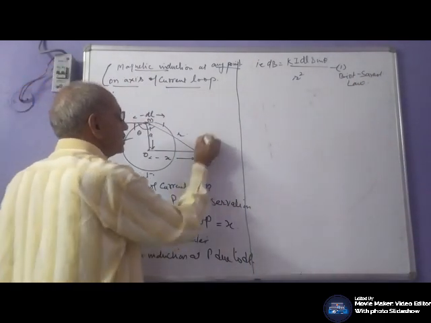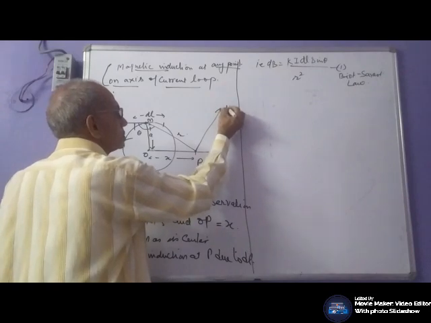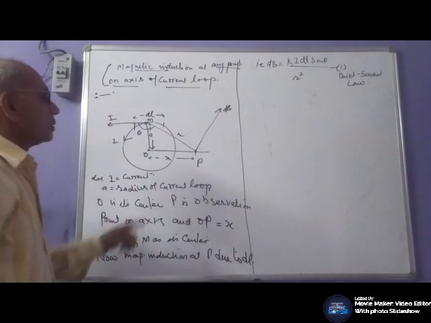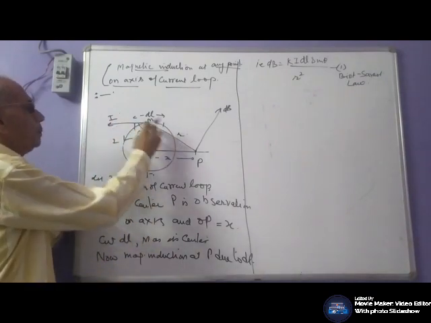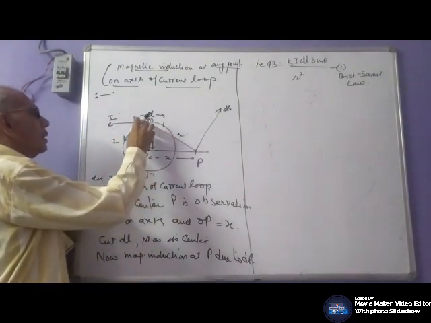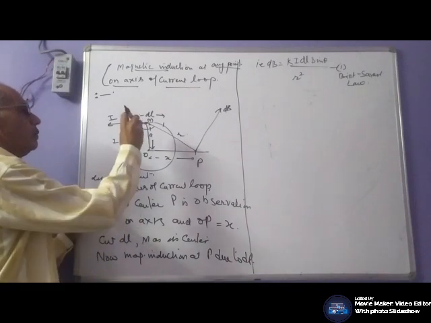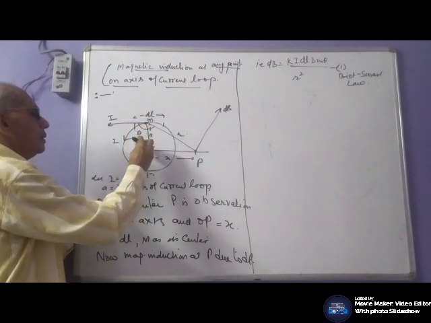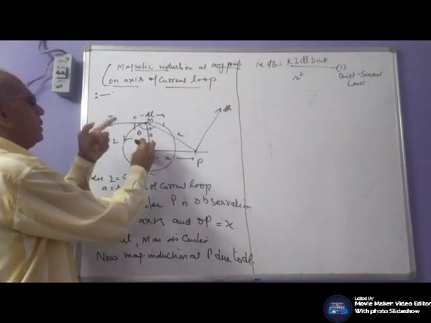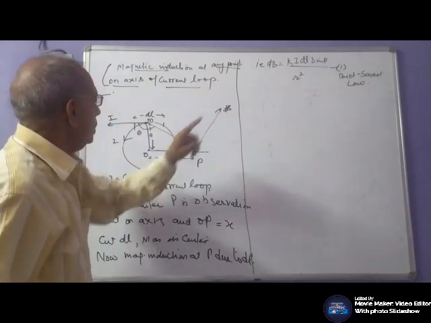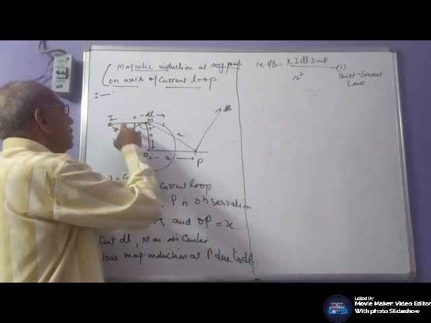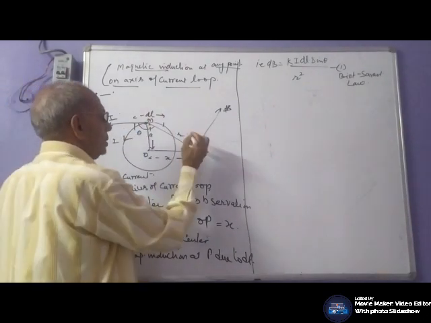And this is the direction. It should be perpendicular to MP, and MP and I are perpendicular, so dB will be perpendicular to MP.